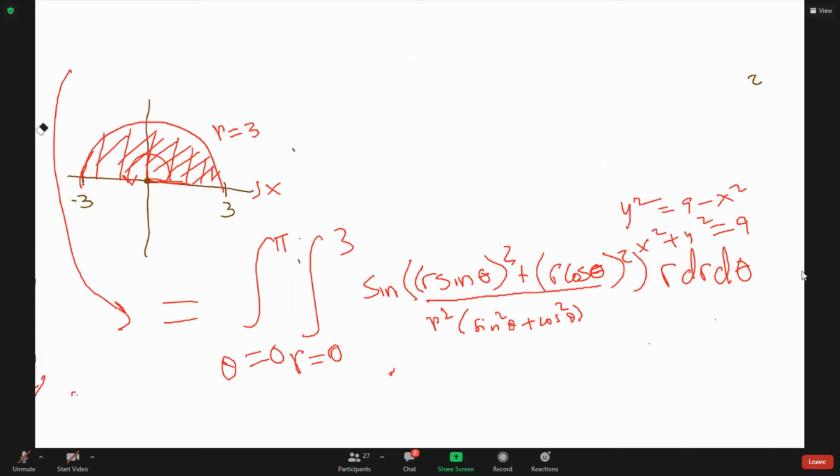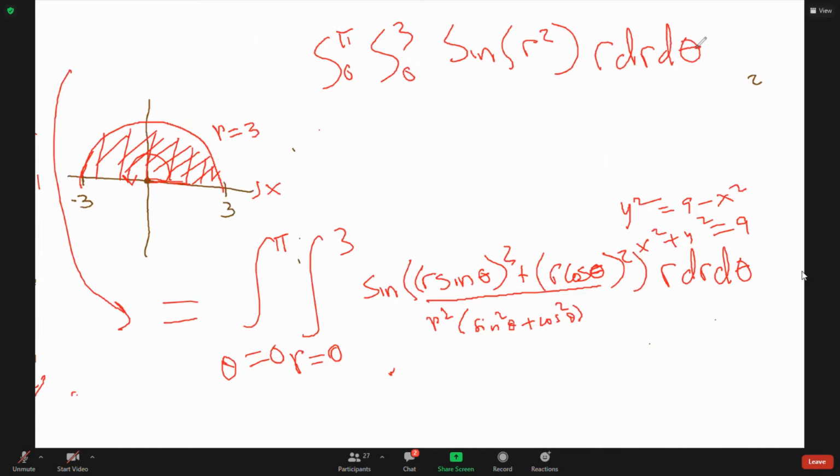Isn't it sine r cubed? R is outside of sine, not inside. So you're saying it would be that, right? Yeah, and then you still have r dr d theta.